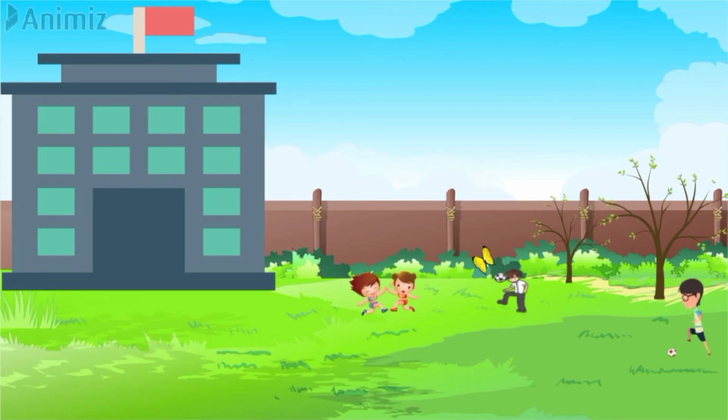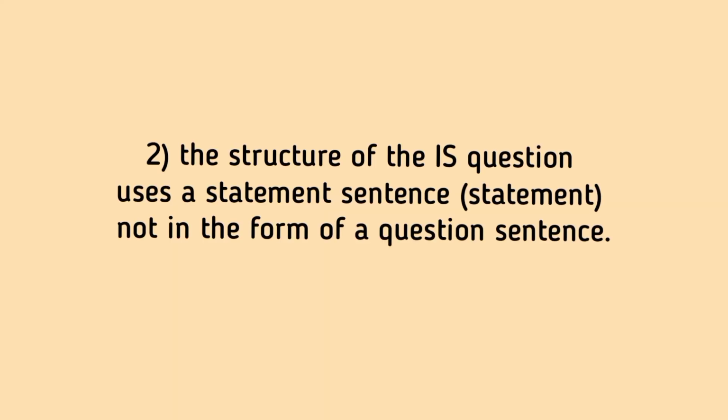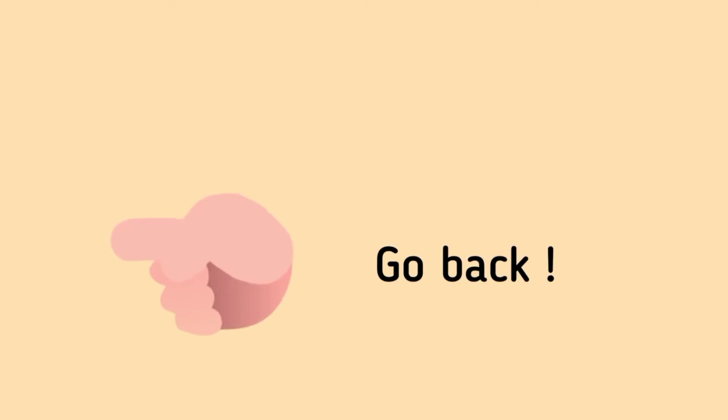Step 1. The question word is still used in the indirect speech sentence. Okay? And the structure of the indirect speech question uses a statement sentence, not the form of a question sentence. You can go back to the material on statement sentences.